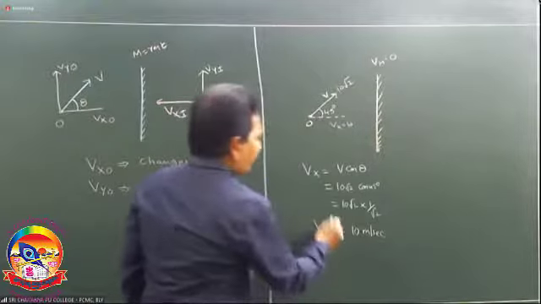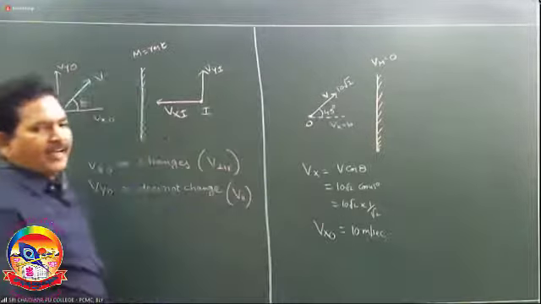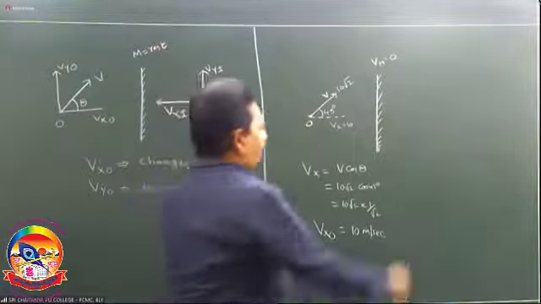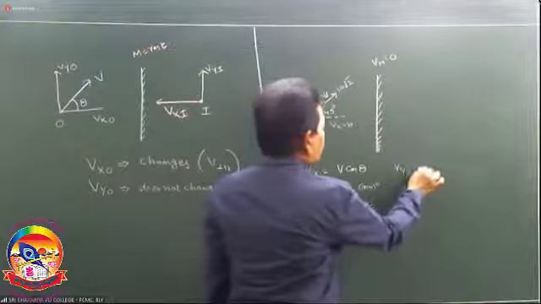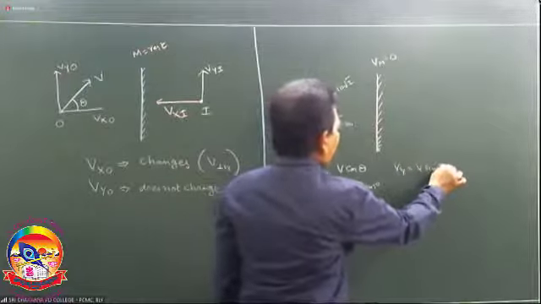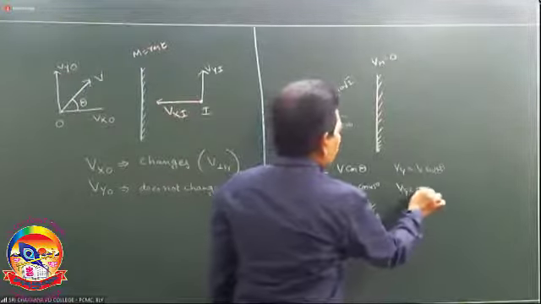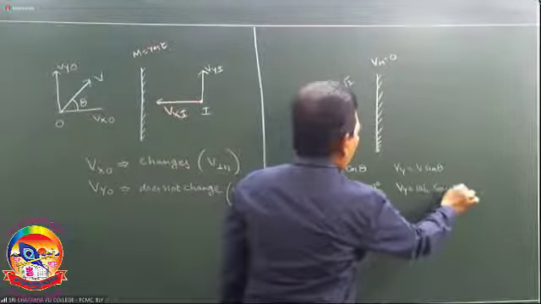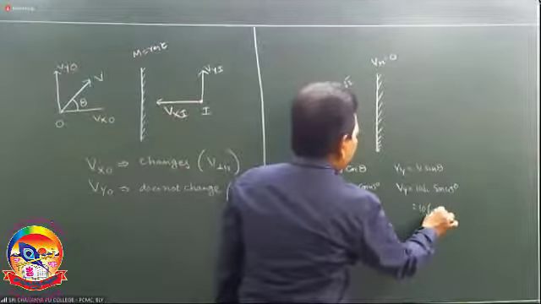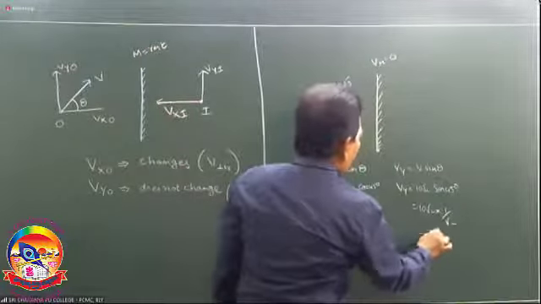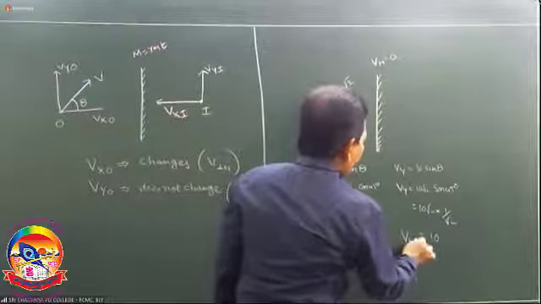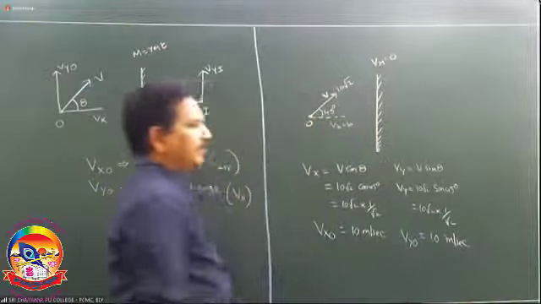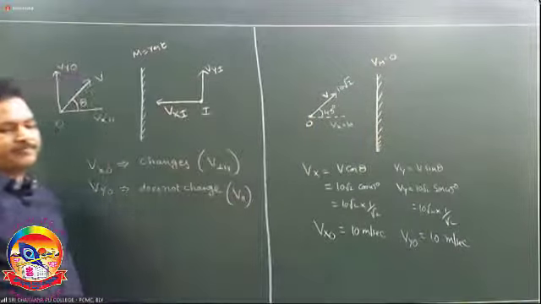This is the velocity of the object along the x-axis. Similarly, Vy is equal to V sin theta, 10 root 2 into sin 45, which is 1 by root 2. So the velocity of the object along the y-axis is 10 meters per second.